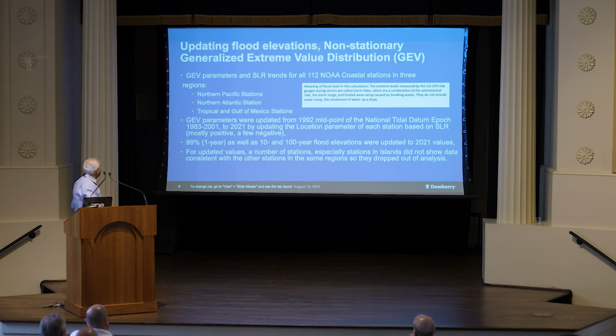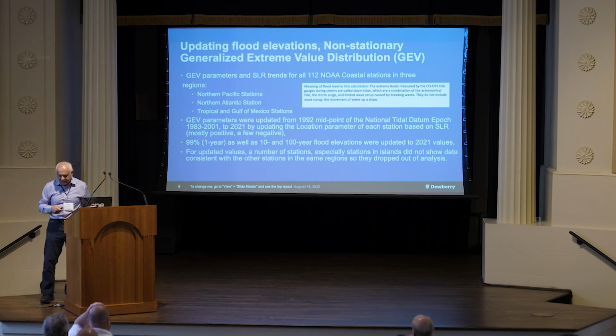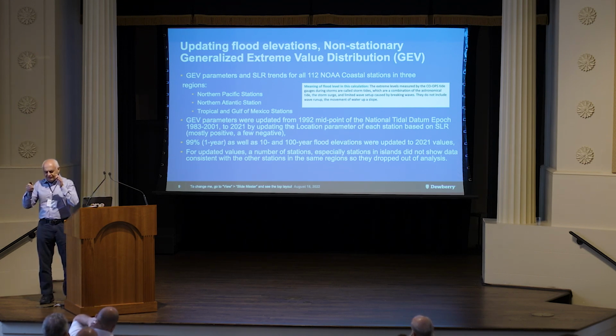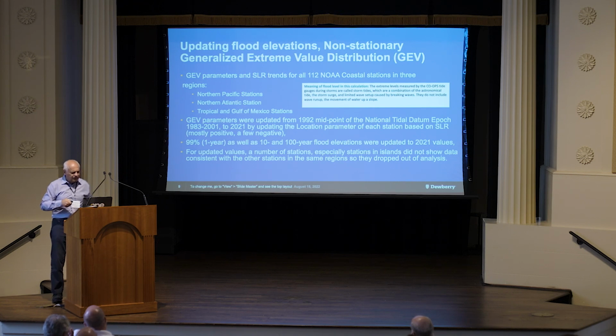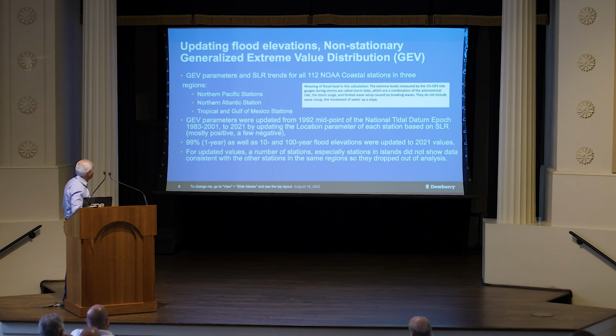Now, the GEV parameters were available from NOAA, who provided those to me, the values that belong to 2010. And I updated them from there on to 2021 for 3 different regions of NOAA coastal stations: Northern Pacific, Northern Atlantic, Tropical, and Gulf of Mexico stations.